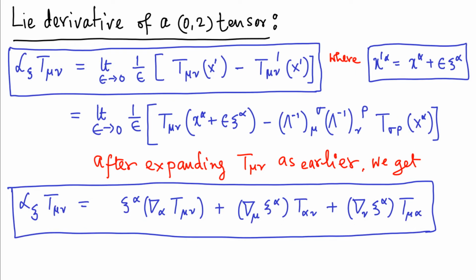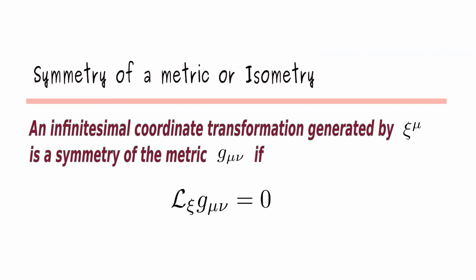Now we can use this formula to compute the change of a metric tensor. Now if the Lie derivative of a metric tensor is 0 along a 4 vector xi mu, then we call it a symmetry of the metric tensor. It is also known as the isometry.